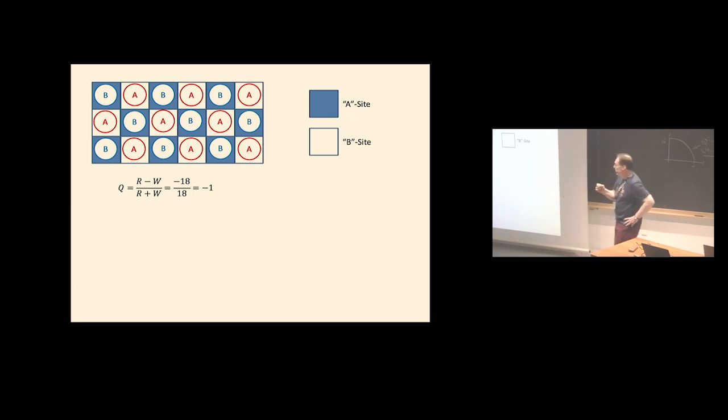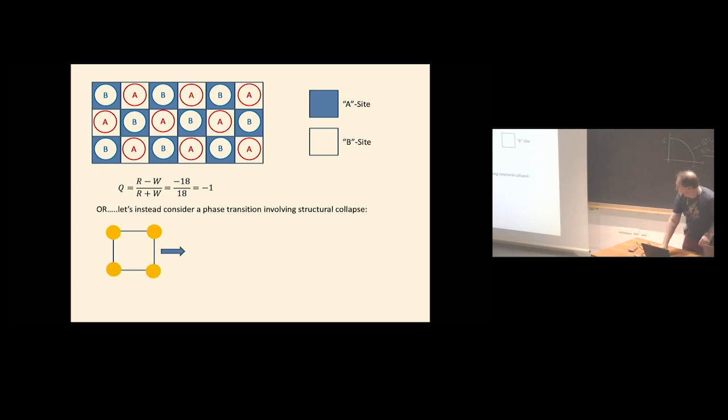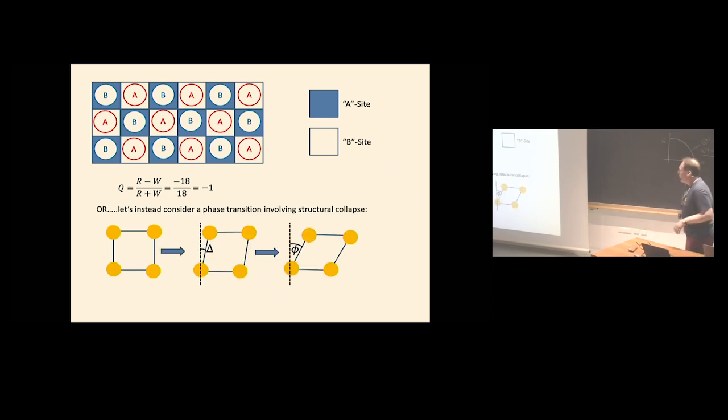Okay, I'm going to show you something which I think is even more convincing, and this is a non-order disorder. This is a structural collapse. So here we have a square mesh of atoms. It's going to distort a little bit, collapse a little bit as temperature is reduced. This would represent the fully transformed low temperature version of the collapsed structure. And we could track the order parameter by looking at this value delta, this angle off the vertical that this bond angle has adopted as a function of temperature or whatever the thermodynamic variable that's changing is.